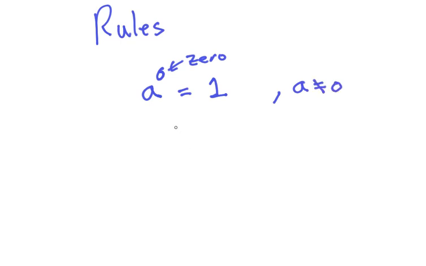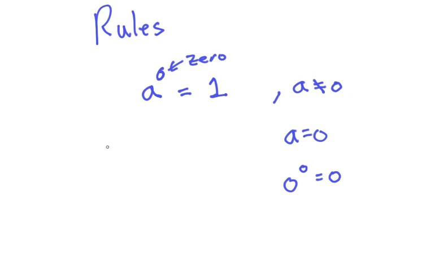So a number to a power of 0 is 1. The exception, if a is equal to 0, in other words, 0 to the power of 0, is different. But for 99% of the cases, a number a to the power of 0 is 1.